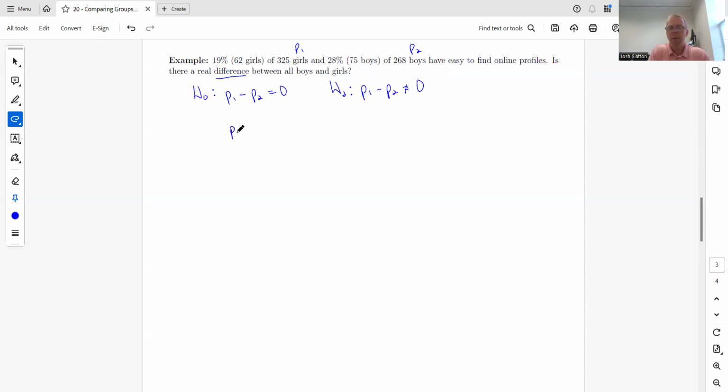P1 minus P2 is 0. P1 hat minus P2 hat would be 0.19 minus 0.28. That gives negative 0.09.